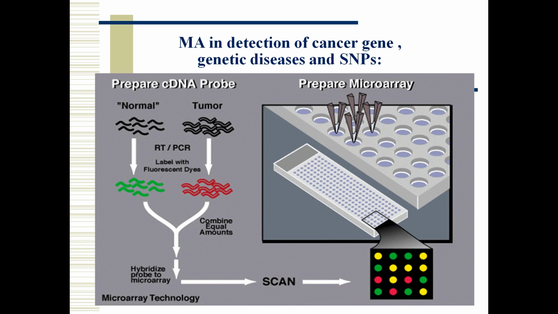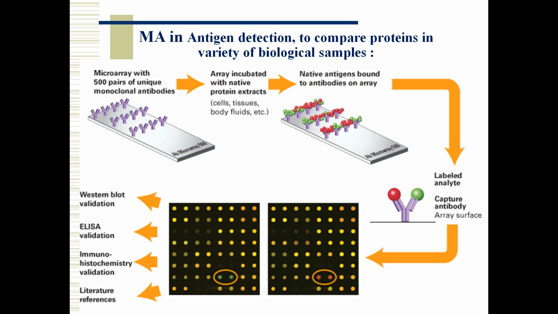They are labeled with fluorescent dyes in RT-PCR, then combined in equal amounts, then these are hybridized as probes to microarrays. Later they are scanned and compared with the prepared microarray. This is about the detection of the cancer gene.